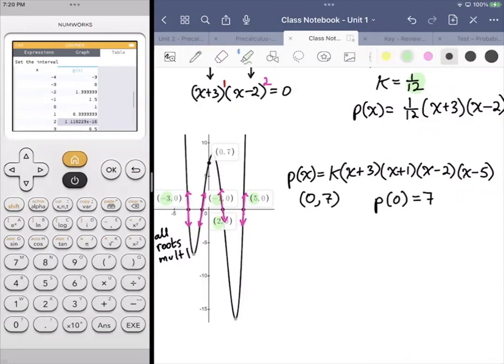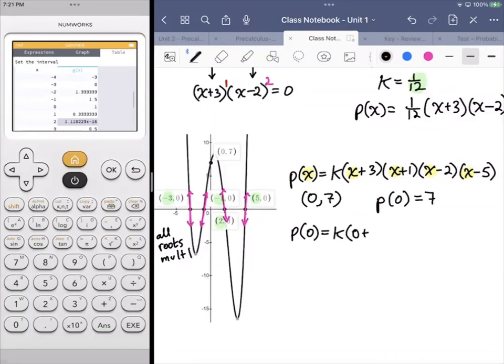All right, so everywhere I have an x, I'm going to replace it with a 0. P of 0 equals k times 0 plus 3, 0 plus 1, 0 minus 2, 0 minus 5. All the same 0, all coming from this.